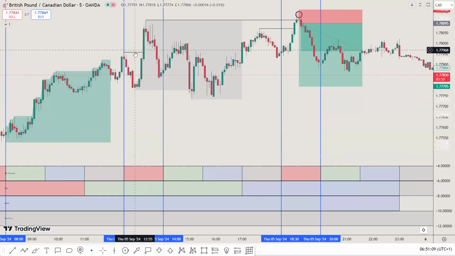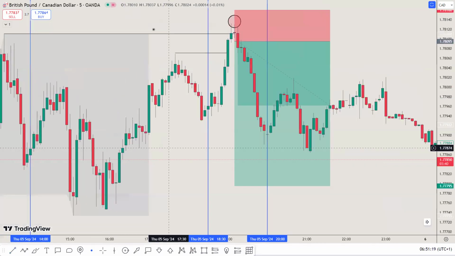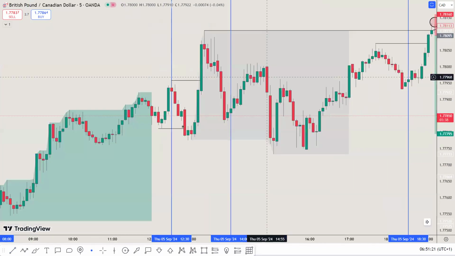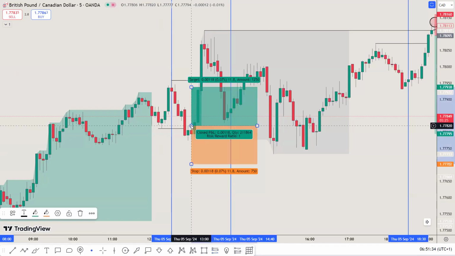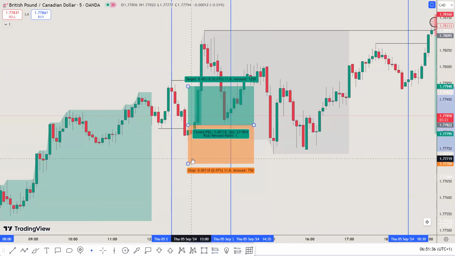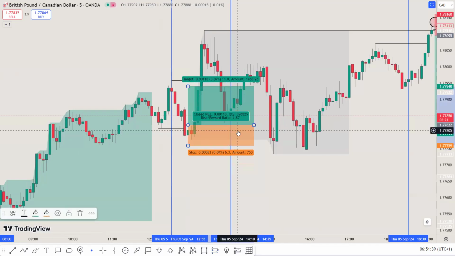Now, I can also see this sweep over here. Aha. So inside this, I could see a sweep of this previous low with a good bullish pin bar. So we could take a buy position here. And target what? 3R.